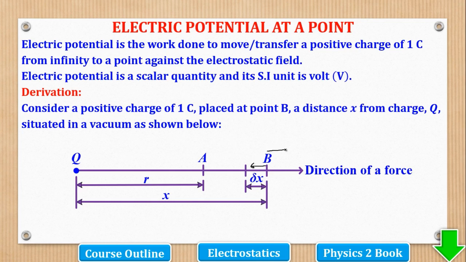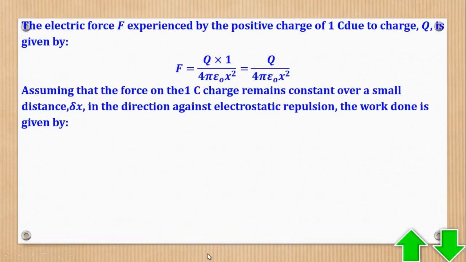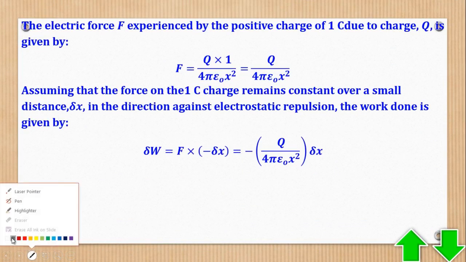If you move it in the other direction, it will be in the direction of the electrostatic force, which is not okay because our definition wants the word against. So it must be in this direction. So we have said that the force remains the same, therefore the work done will be force times distance moved, and the distance is negative small change in x.